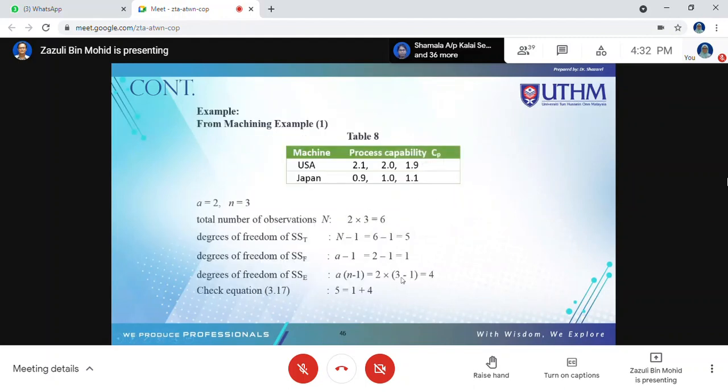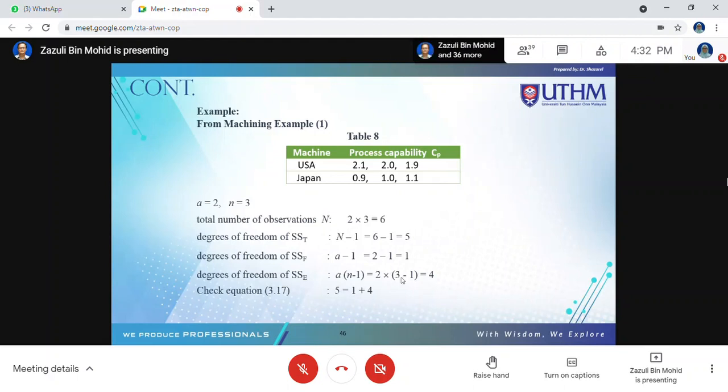We can take back the example from the previous slides. We are still looking at the process capability of machines from USA and Japan.